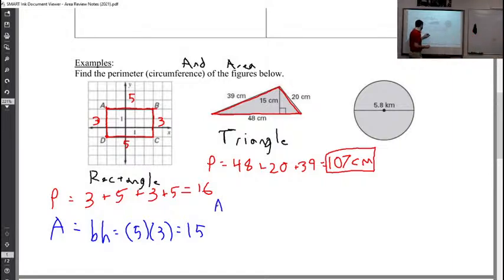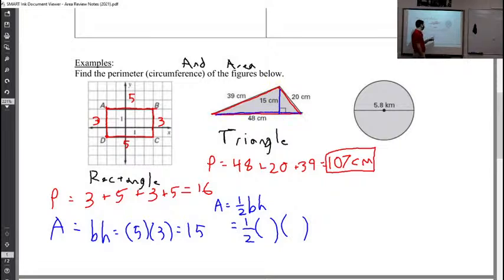Area. Area of a triangle is 1/2 the base times the height. Base and the height are perpendicular to each other. So here is why this 15 is drawn in.